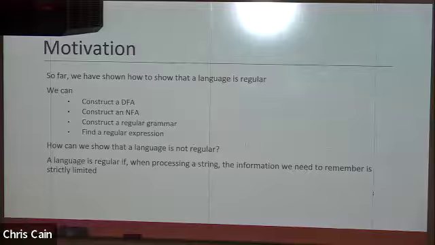So we talked a little bit about what makes a language regular in general, and it's that we have a finite amount of memory.